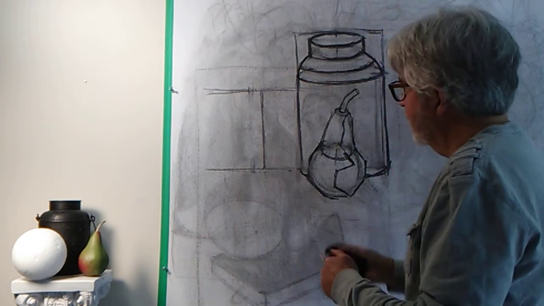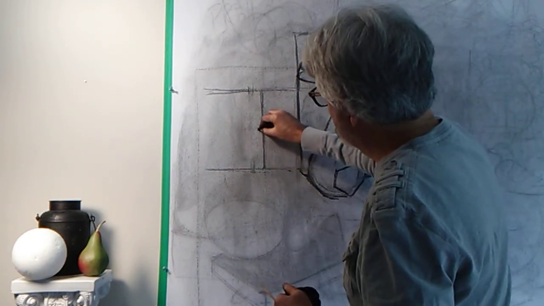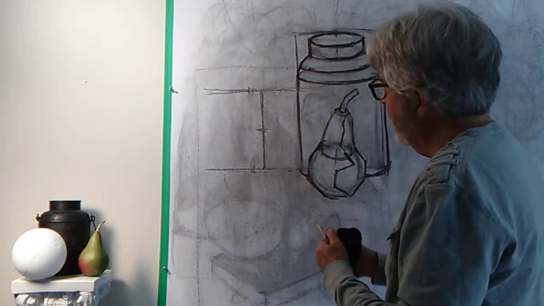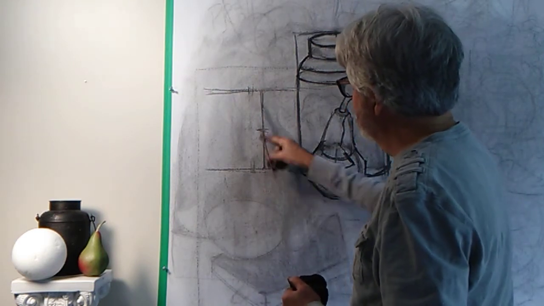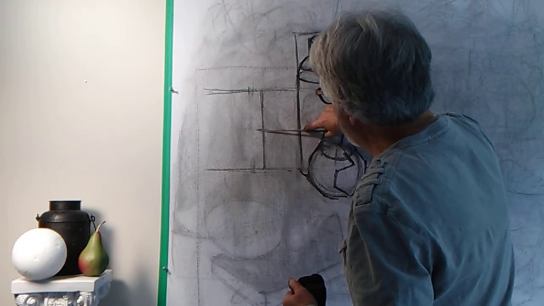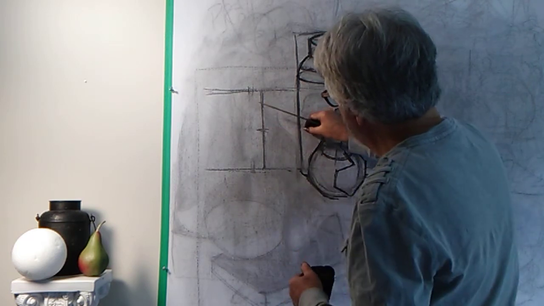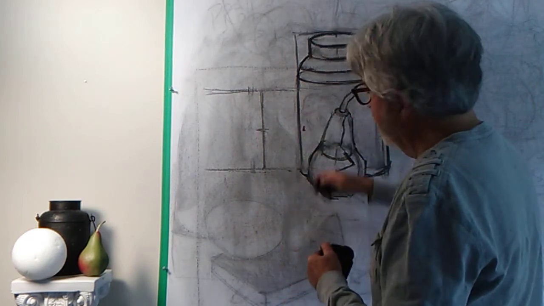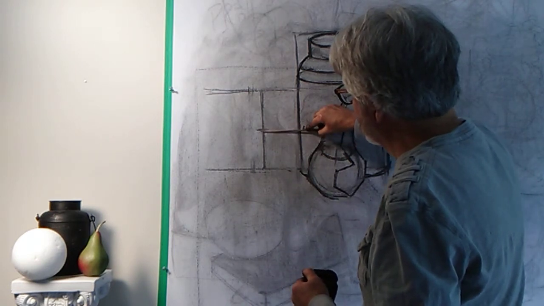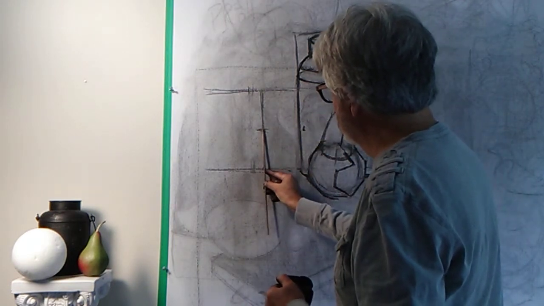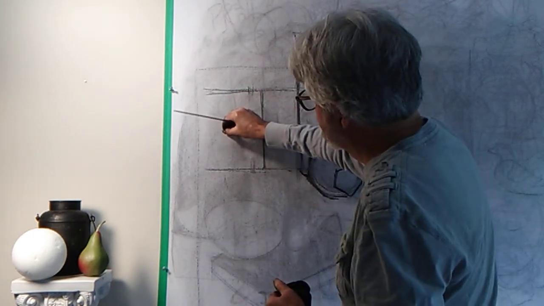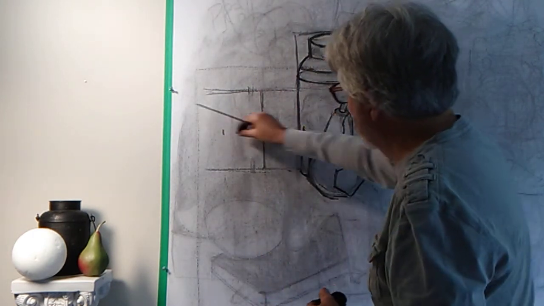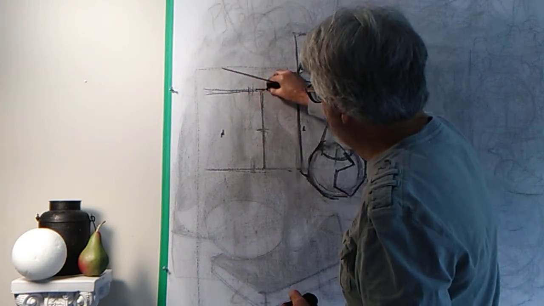So I'm going to do that and relocate my center. You know, play with these things. You want to get them accurate. None of us, a lot of times, hit it right the first time. So I'm going to do that, and now it overlaps a little bit. That's nice. I want it to overlap. For me, it does overlap, and I juggle that side a little bit in order to make the sides different around the pear. So now I have to kind of juggle that a little bit.